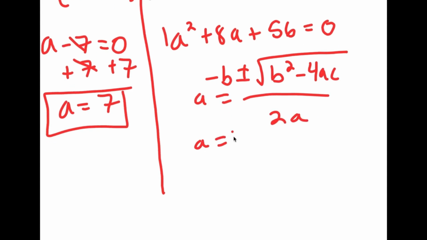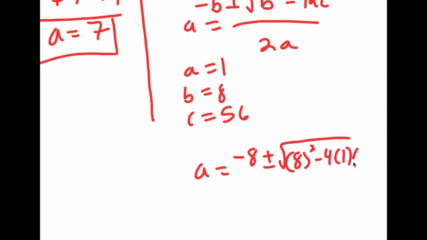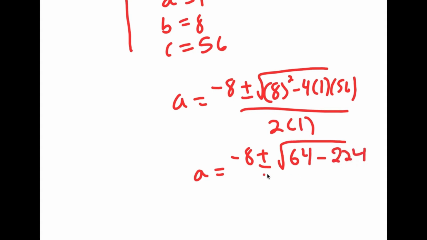So in this case, a is 1, b is 8, and c is 56. So I get a is equal to negative 8 plus or minus the square root of b squared, so 8 squared, minus 4 times 1 times 56, all over 2. And this is equal to negative 8 plus or minus the square root of 8 squared, which is 64, minus 4 times 56, which is 224, all over 2.